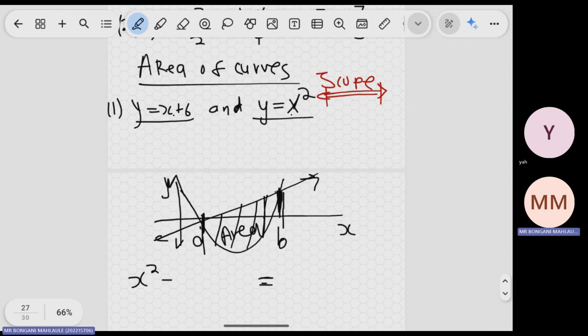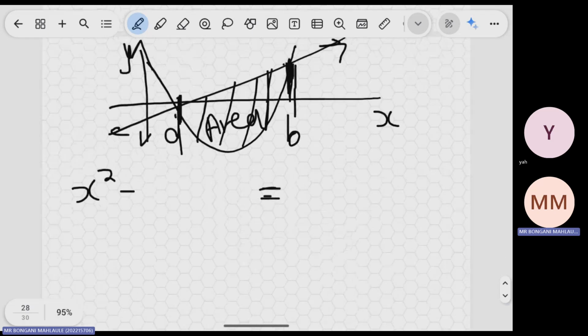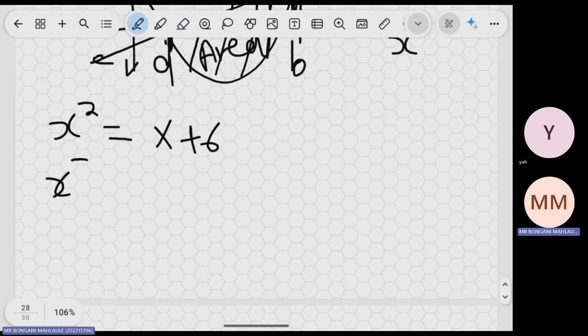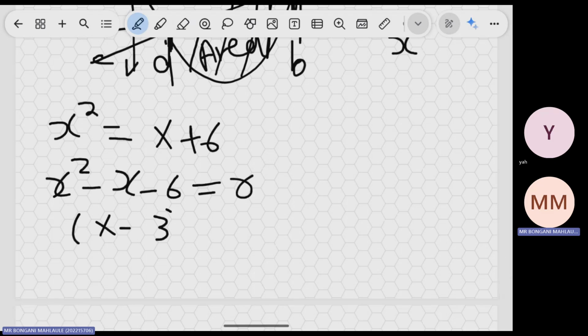So with this one, you will just find the intersection. You are going to equate x squared with x plus 6, and then calculate the intersection. So I factorize this: minus 3 and plus 2.